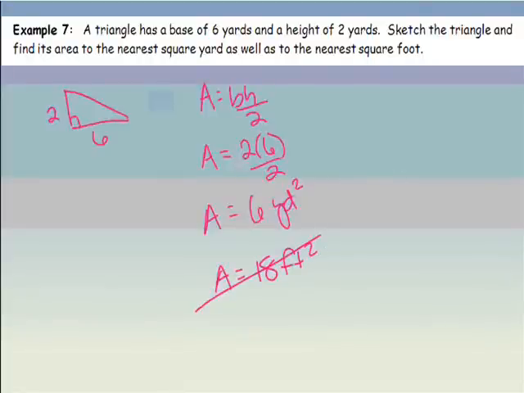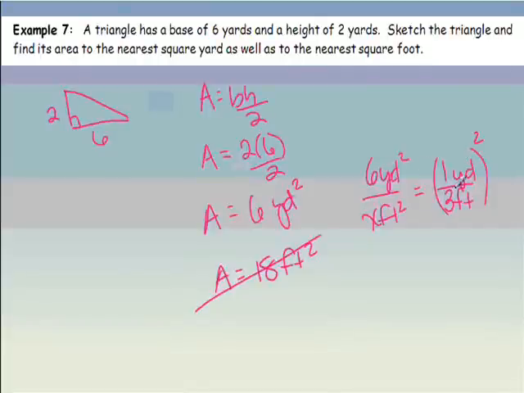All right, so I have 6 yards squared, and I want to know how many feet squared that is. So essentially what you did was you set up a proportion and you said there are 3 feet in 1 yard. But I cannot set these two equal to each other because their units are different. So in order to set them equal to each other, I have to square both sides.